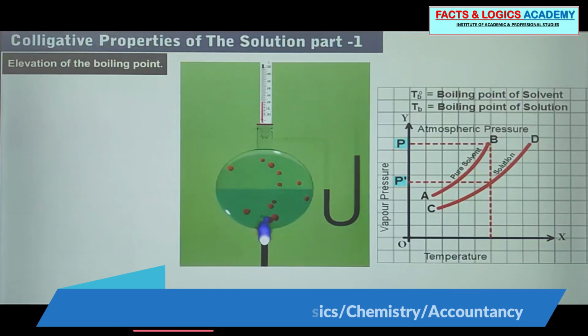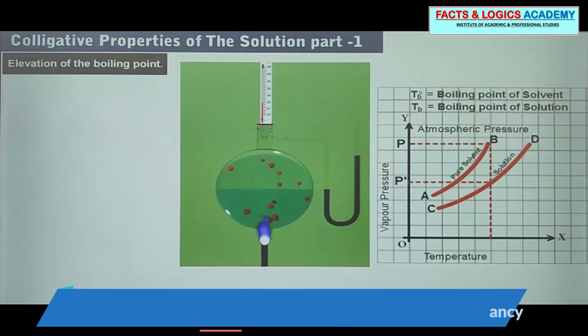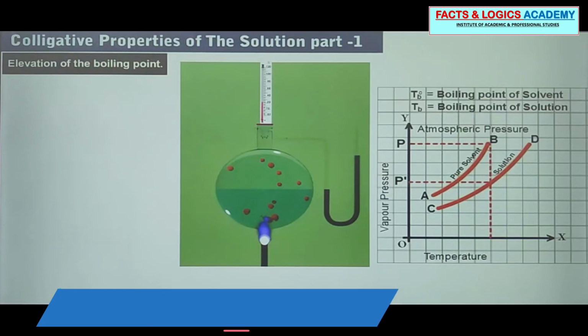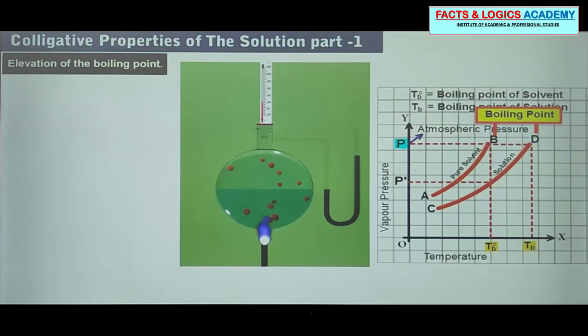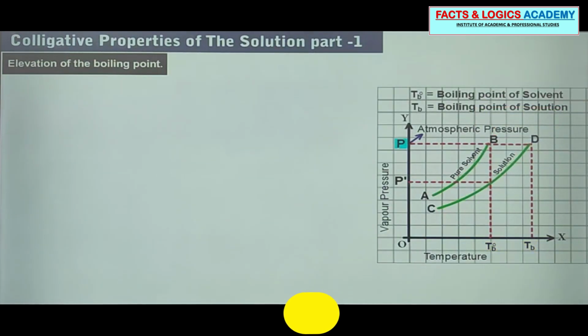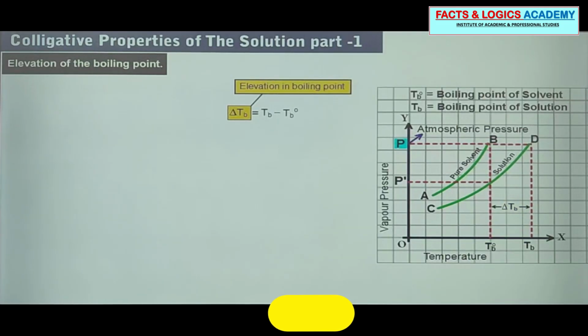Therefore, the curve corresponding to the vapor pressure of the solution lies lower than that of the pure solvent. The temperatures at which the vapor pressure of the solvent and the solution become equal to the atmospheric pressure are Tb naught and Tb respectively. The difference Tb minus Tb naught is represented by delta Tb and gives the elevation in the boiling point of a solvent in solution.